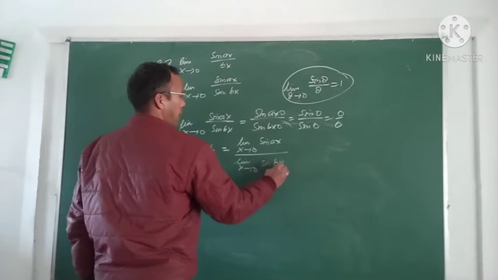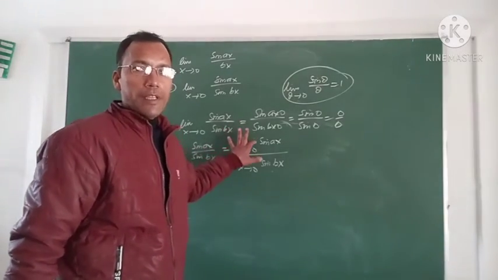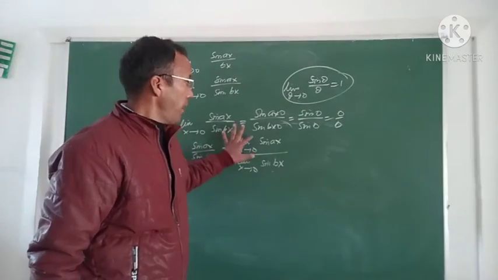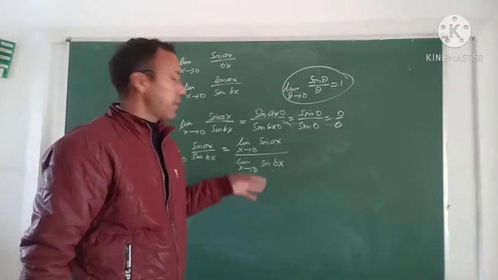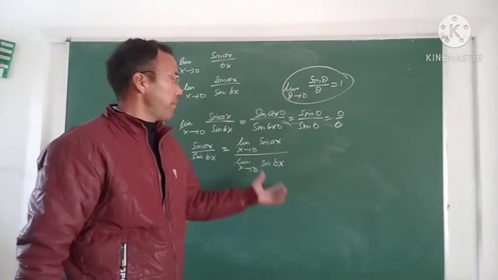Now we have to make it 1. How to make it 1? By dividing by ax, and in the denominator it becomes 1 by dividing by bx.